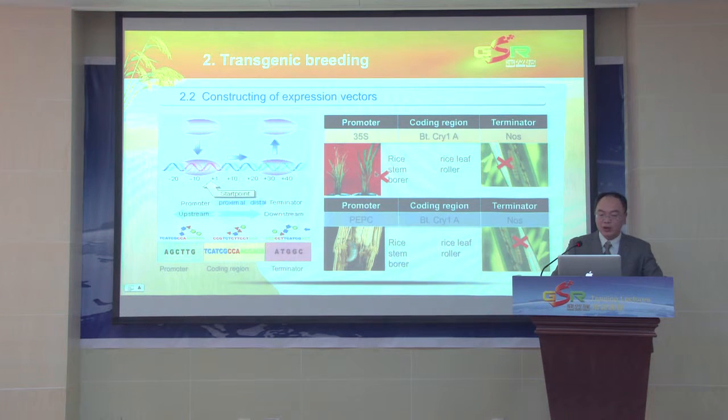So the stem borer and the leaf roller will be killed if they eat the transgenic plants. However, if we just use a leaf tissue specific promoter, the transgenic rice will not resist the stem borer.